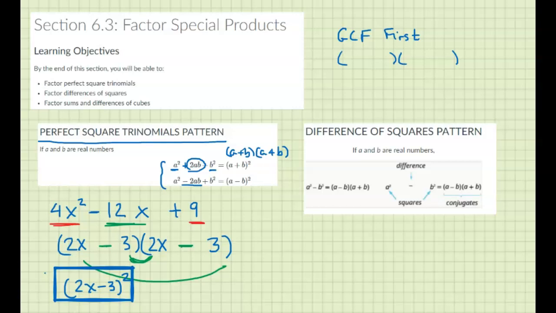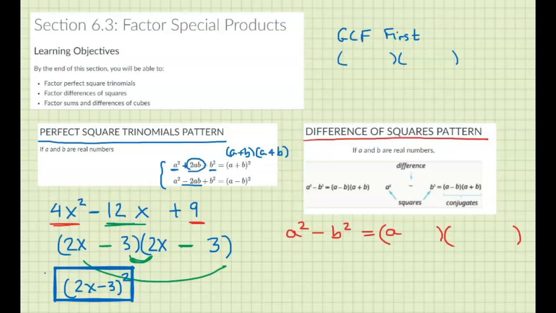Now the other pattern is the difference of squares pattern. You'll see this when factoring binomials. We have something like a squared minus b squared. Notice the middle term is missing. If you have a difference of squares, a perfect square minus a perfect square, then this is going to factor out in conjugates.